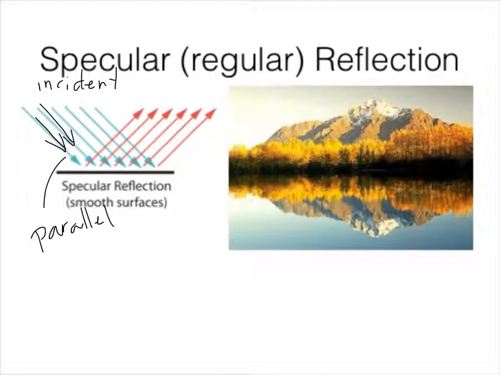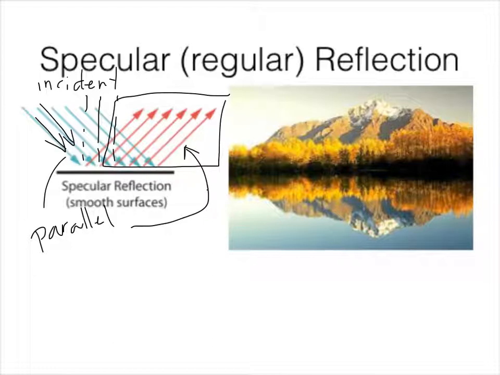And when the surface is smooth, our normals for each of those incoming waves are going to be parallel, and our reflected waves are also parallel. And because the reflected waves are parallel, the information that is transmitted to our brains is a nice, clear copy of the original.